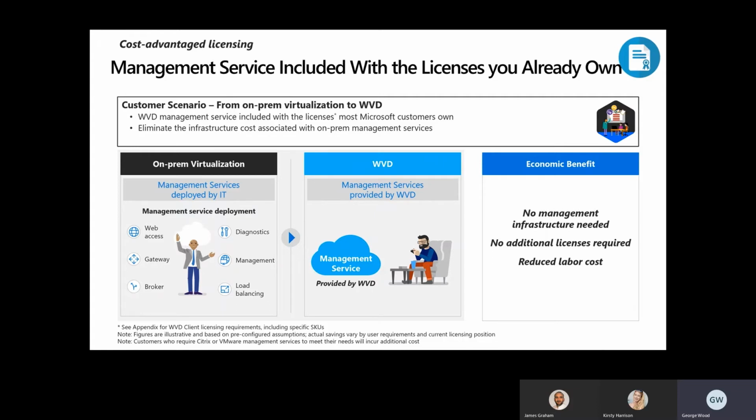We've got here that if you already do have on-premises virtualization, and potentially you have RDS CALs, or maybe you're moving to Microsoft 365, that's when you can start to look at leveraging those management services that are provided by Microsoft and managed by Microsoft, and remove some of that strain from your current IT team who would otherwise be managing all of those virtualization roles, things like the gateway, the brokers, and the SQL servers that would sit within that environment as well.